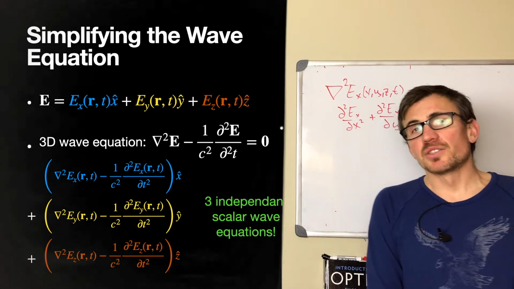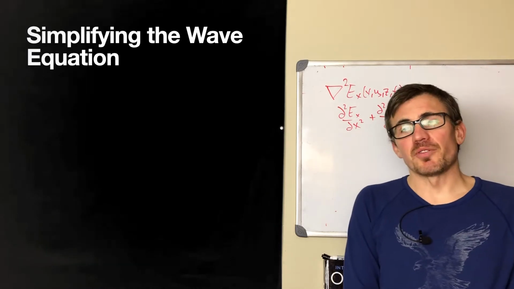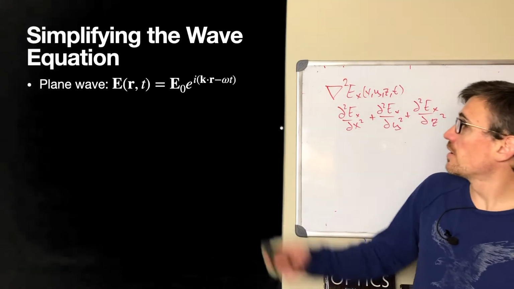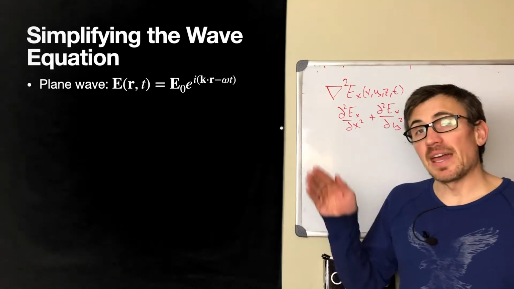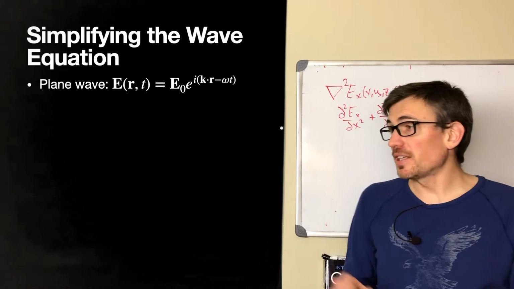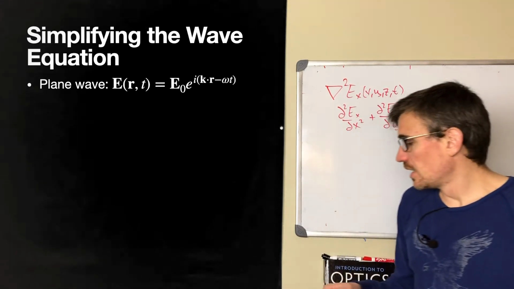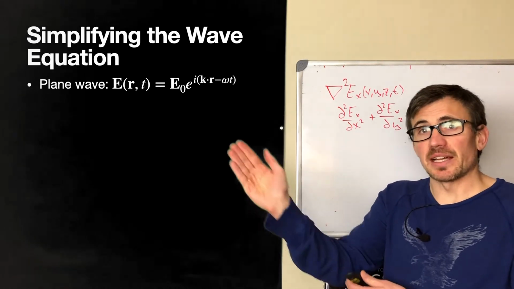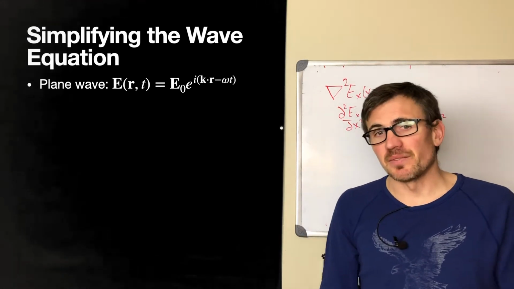All right, so let's see if we can simplify this. We're going to assume a plane wave, and here we've written just a general plane wave. It's going in the k direction, so it's k dot r minus omega t. Now let's pick a name for that direction k. Let's call that the z-axis. It doesn't have to be z, but this is the convention.